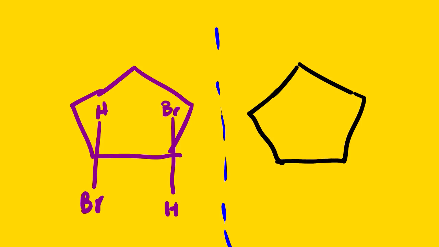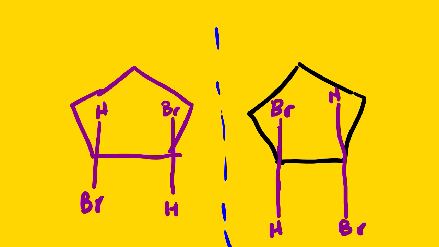If you check, this part will actually be this part here. So we have Br, we have hydrogen here, then the last part will be here, which is hydrogen and Br. So you can see that we have different molecules.